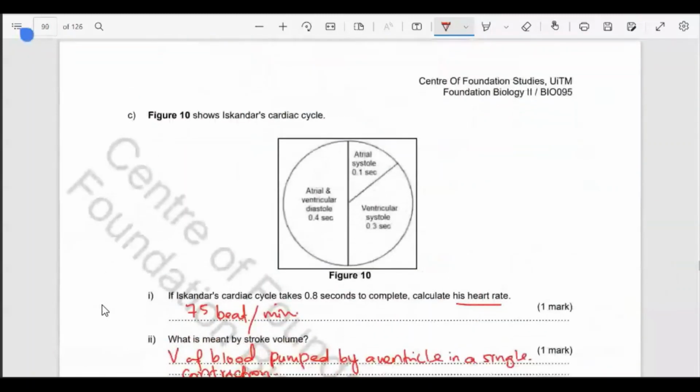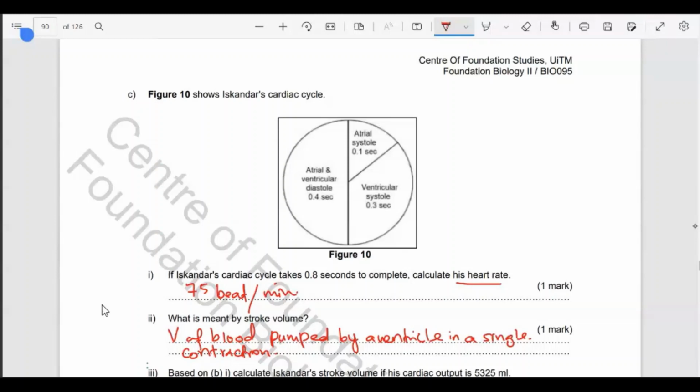So the next question, C. Figure 10 shows Iskandar's cardiac cycle. In this diagram, you should be able to explain the stages of the cardiac cycle. The cardiac cycle has 3 stages. The first stage is atrial and ventricular diastole.